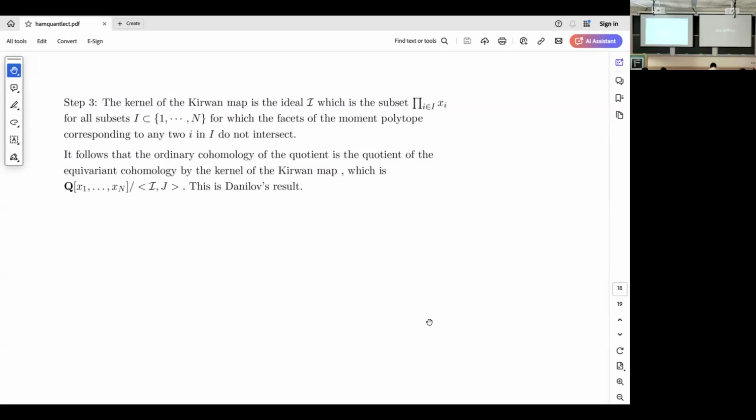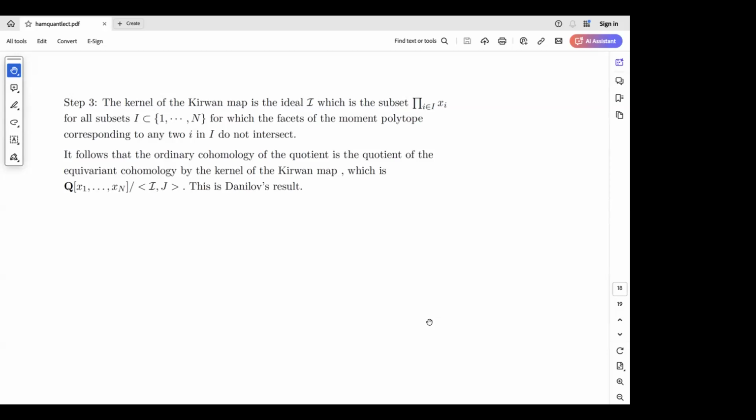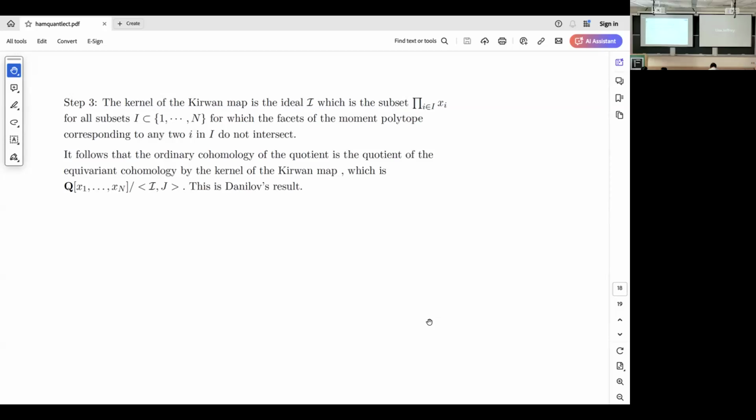Can I ask a question about the Ehrhart theory? When you dilate the polytope by some integer, how can we see this in what happens when you're doing this?